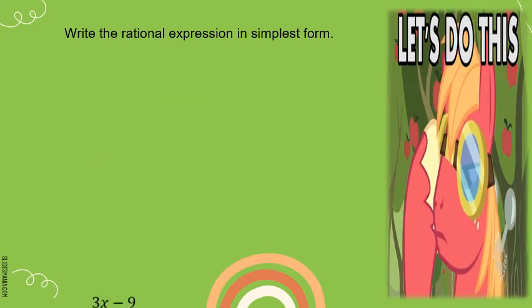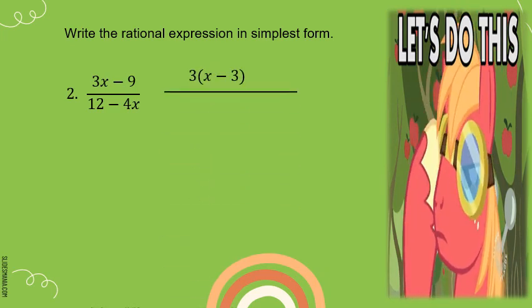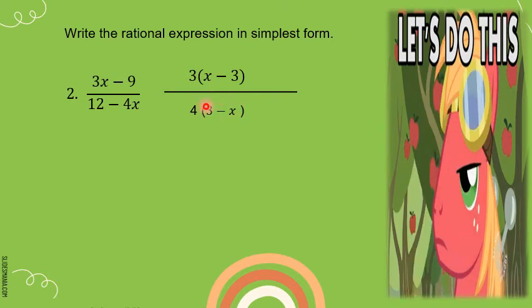Let's try number 2. 3x minus 9 over 12 minus 4x. Let's factor first: 3 times quantity x minus 3 over 4 times quantity 3 minus x. What is your observation here? As you can see, this denominator is not in alphabetical order, so let's arrange it first.